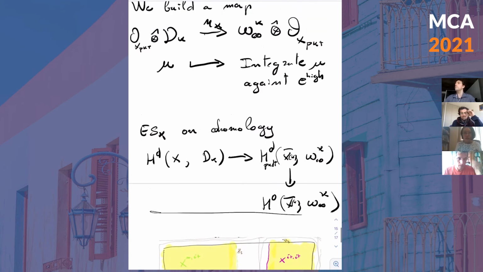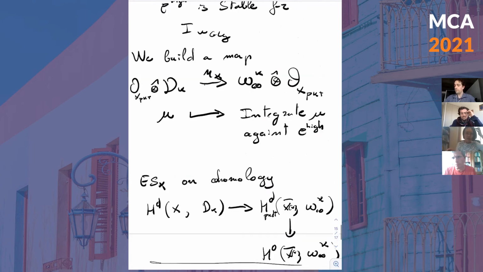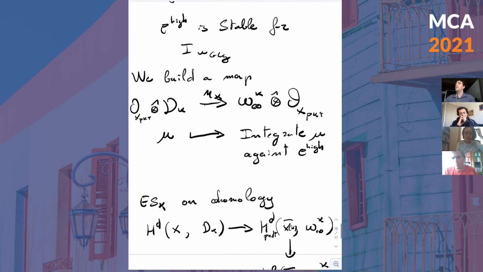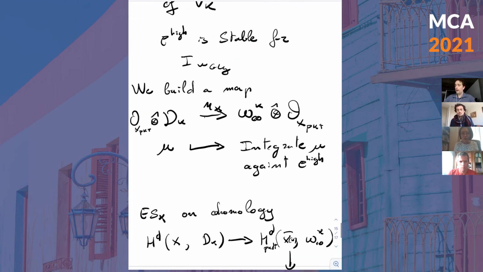So when you say the image is going to be inside the classical space, what are the conditions on the weight you have?